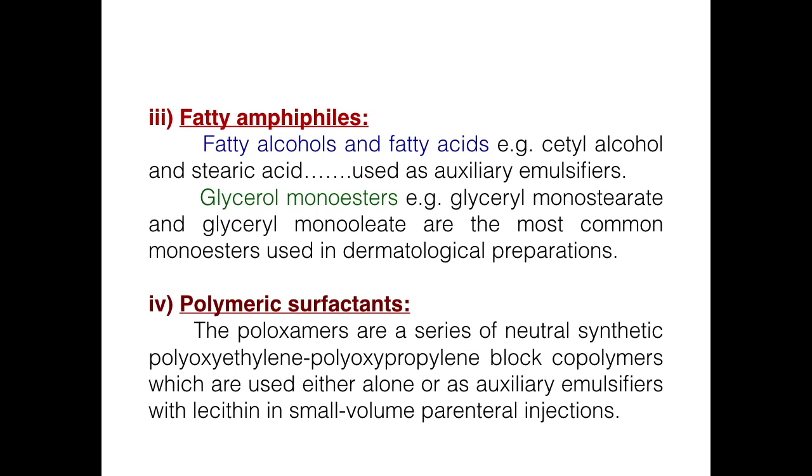Up till now we have discussed synthetic or semi-synthetic surfactants. Next class is natural macromolecular materials. These are natural emulsifying agents which are derived from plant or animal sources. As these are derived from natural sources, they show considerable batch to batch variation in their composition, and due to this variation they may result in variable emulsifying properties.